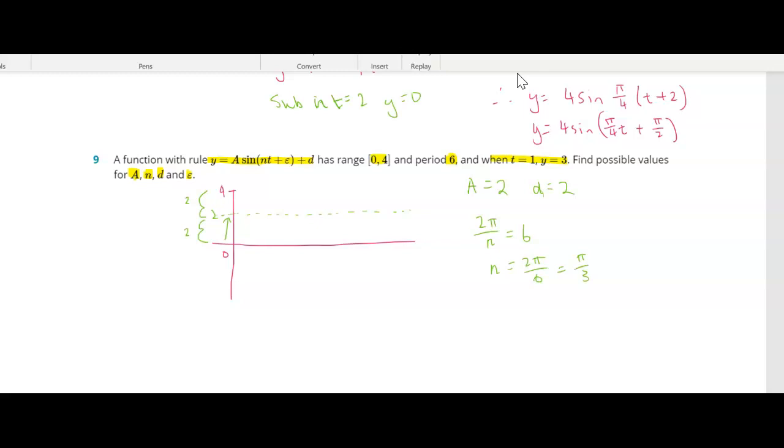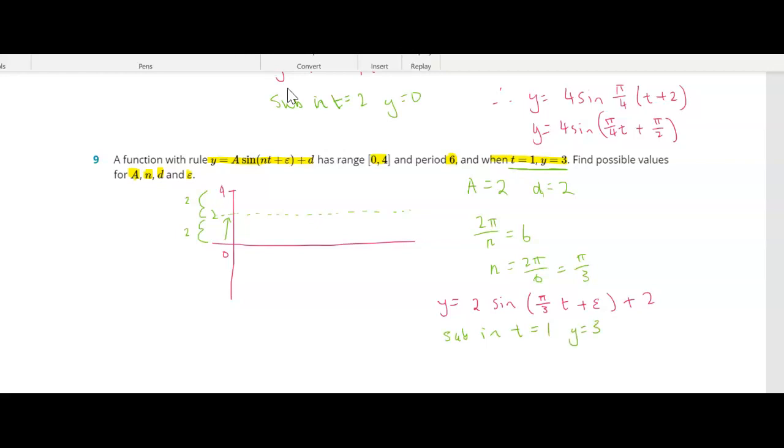And the other one we need to do is the horizontal translation. And we get that by substituting in t equals 1 and y equals 3. So my equation at the moment is y equals a, which is 2, sine n, which is pi on 3, (t plus epsilon) plus 2. All right, so we're going to sub in t equals 1 and y equals 3.